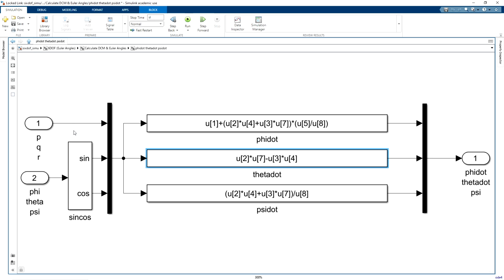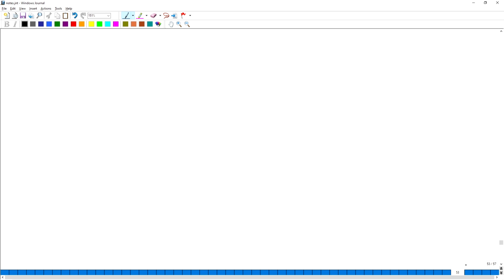There are actually 9 inputs: p, q and r, then phi, theta and psi, sine of phi, sine theta, sine psi, cos of phi, cos theta, cos psi. So we have 9 inputs, 1, 2, 3, 4, 5, 6, 7, 8 and 9. The first 3 inputs are p, q and r.